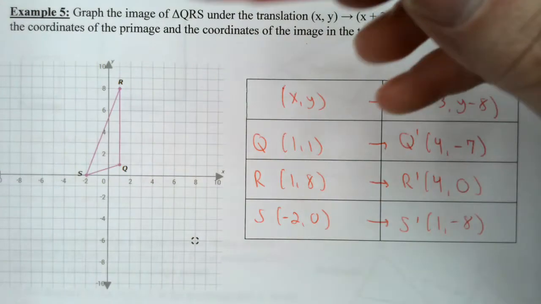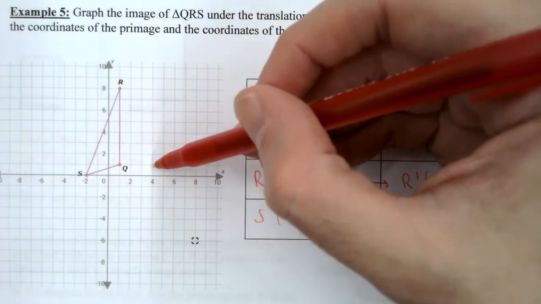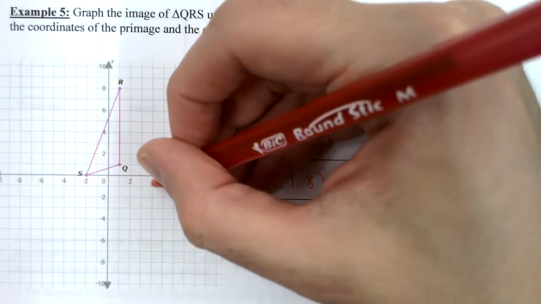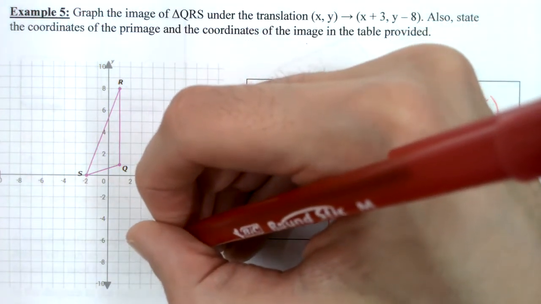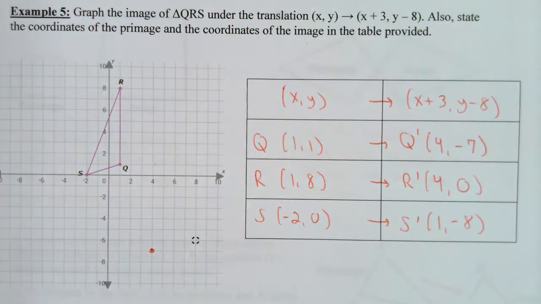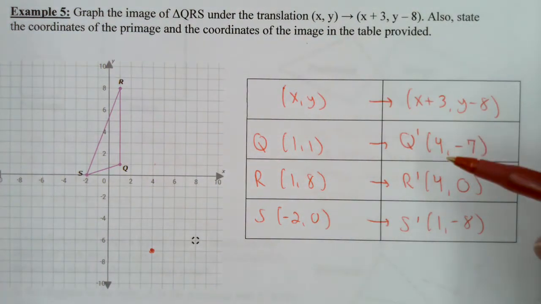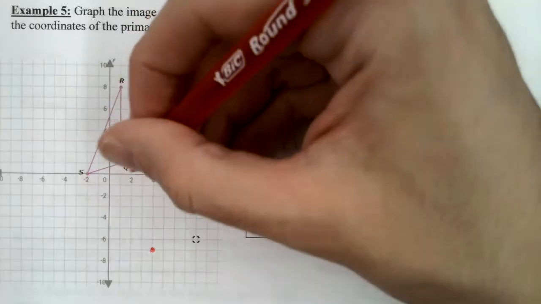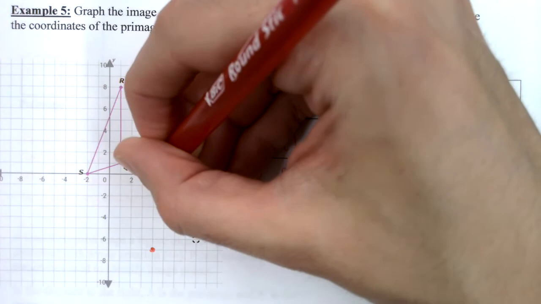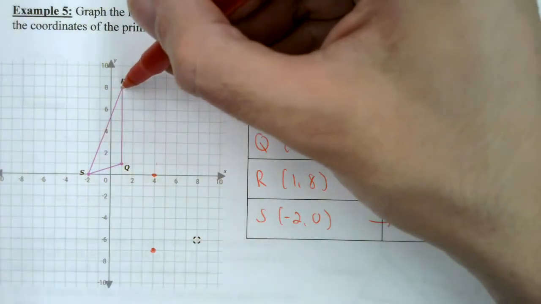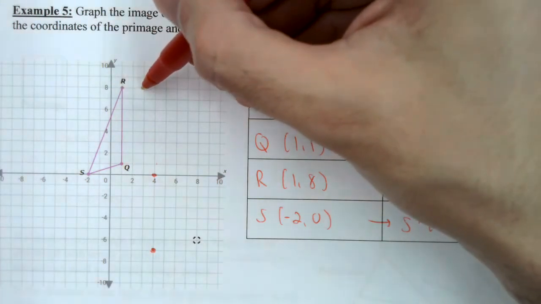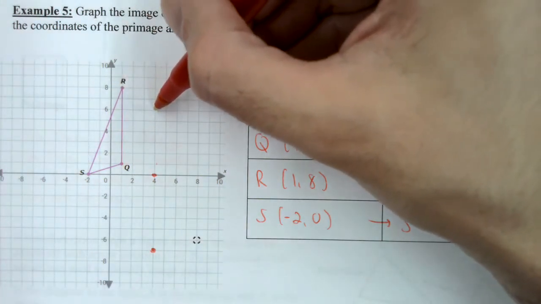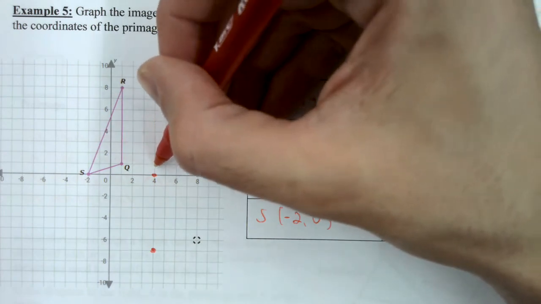Just to show you with Q, I'm going right 3, 1, 2, 3, down 8, so down 1, 2, 3, 4, 5, 6, 7, 8, which is the same thing I got when I did the table earlier. Again, R prime is going to be (4, 0). You can base it off your table, or you can take R and count right 3, down 8. Right 3, 1, 2, 3, down 8, 1 through 8. Perfect.